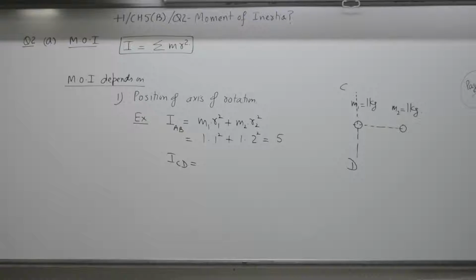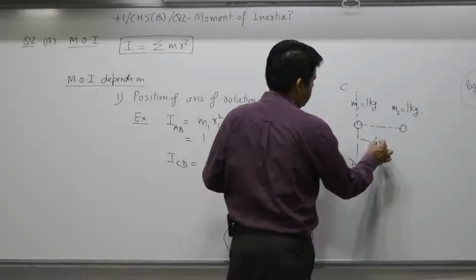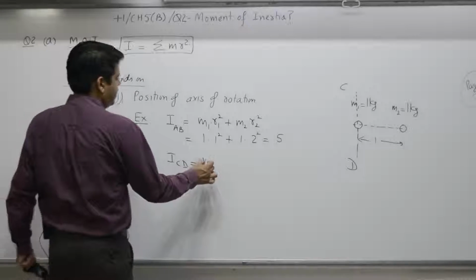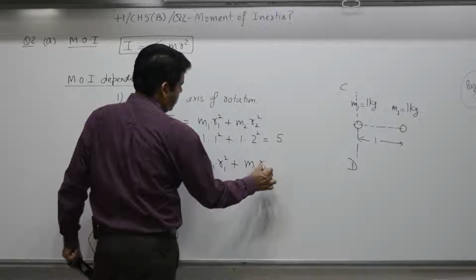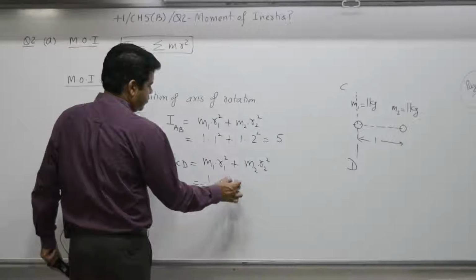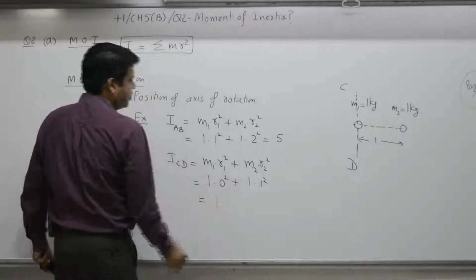M1 is at what distance? 0. M2 is at what distance? 1. So, M1 R1 square plus M2 R2 square. M1 is 1 kg into 0 square. M2, 1 kg into 1 square, is equal to 1.